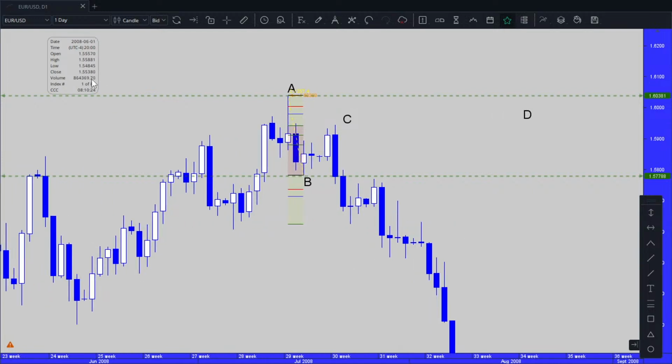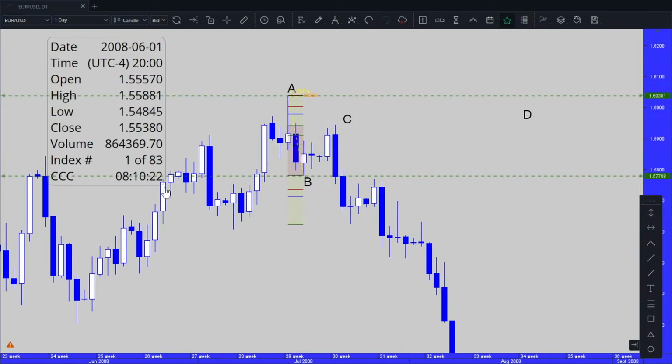Now this is a difficult one. I need to use the widget. The green one is at 1.562 and this one is at 1.56253, and this is 24, right? So it didn't hit 2453, so the extension is the next one.